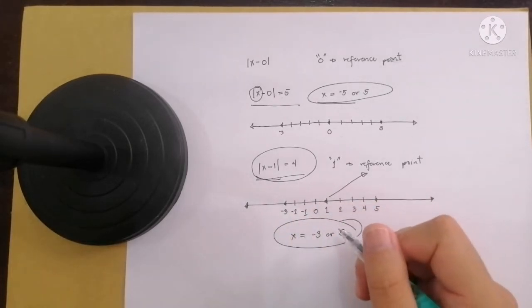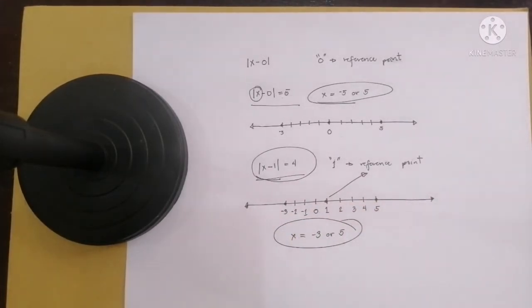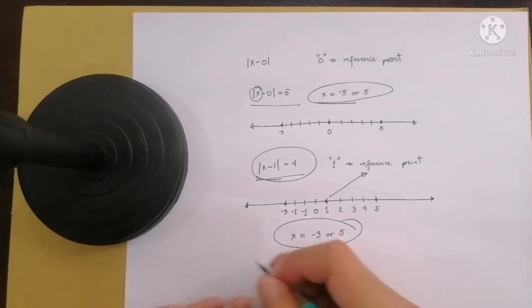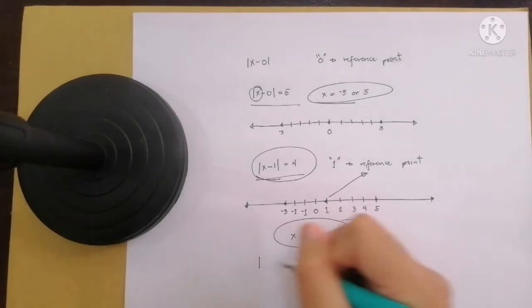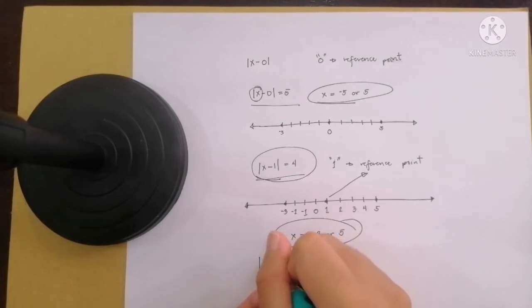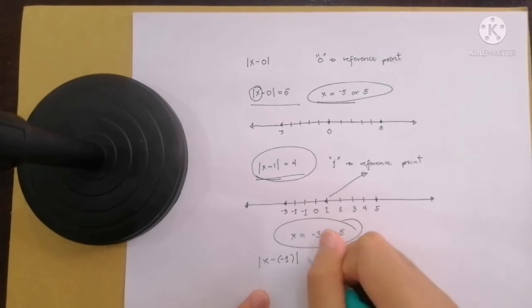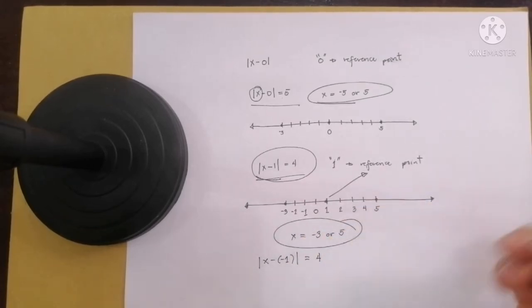Okay? So what happens when the reference point is negative 1 naman? What are the numbers that are 4 units away from negative 1? So let us have this another mathematical notation, which is the absolute value of x minus negative 1 is equal to 4. So ganun pa din.